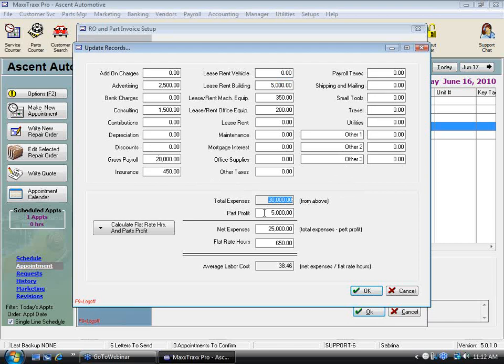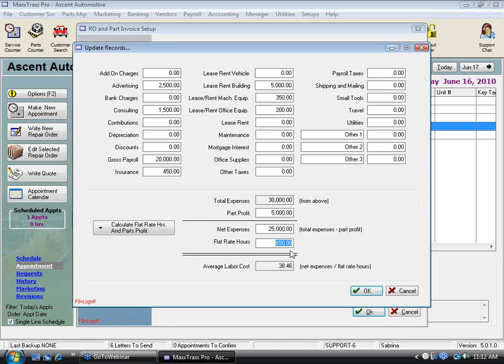We, again, manually enter how much we think we make in parts profit per month. And this is just something I usually tell people, just put something in to get started, and we can fine-tune this as we go. So this is an automatic calculation here, guys, where we get our net expenses. What we actually say is that our parts profit is going to offset our net expenses, right? And then we put in how many flat rate hours we bill.